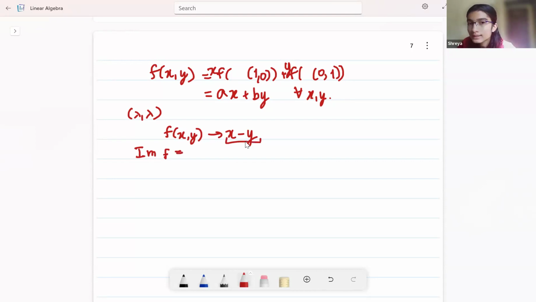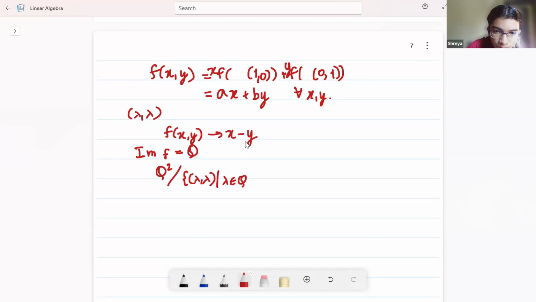That just says what values x minus y takes if x and y are allowed to vary over all rationals. All rationals, yeah, exactly. And then what our result is trying to say is that if you take Q square and mod it out by the set of all lambda, then this is isomorphic to the set of all rationals.